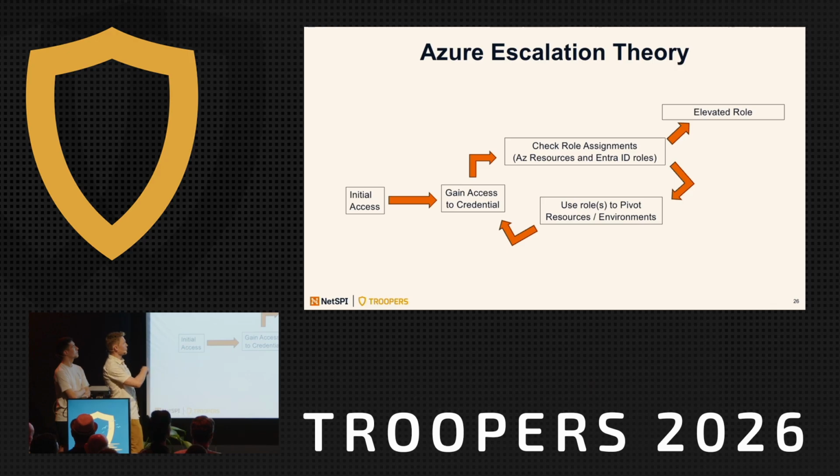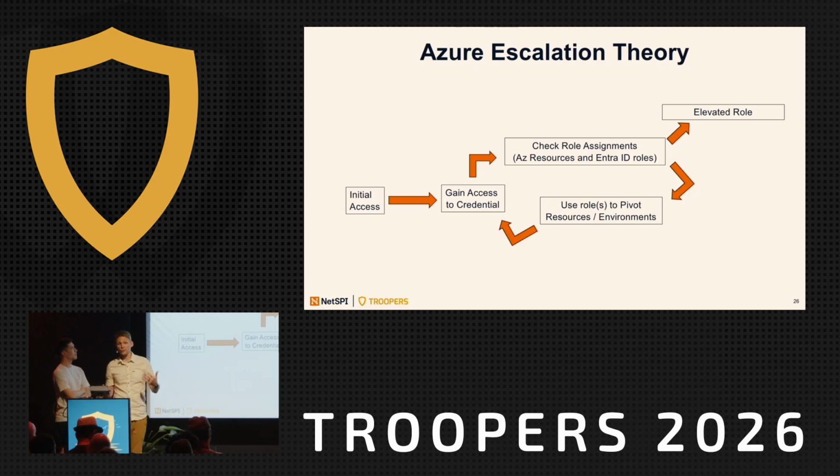So just starting with a little bit more of what the escalation theory is in practice here: getting initial access to one of those roles that we talked about, or to any kind of identity, credential, security principal, whatever. We have our initial access into the Azure environment. At that point, we typically check our role assignments, see what we have from an Azure resources and Entra ID roles perspective.